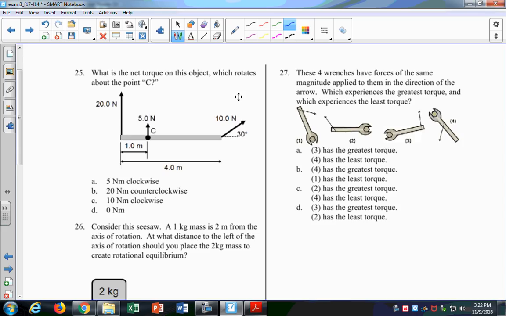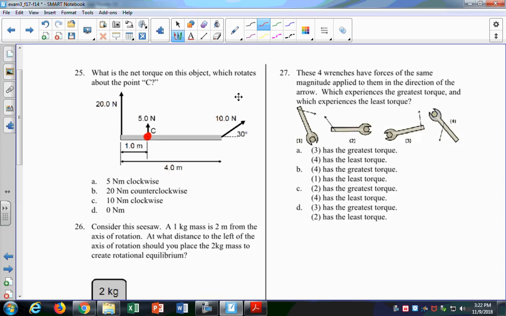Let's just do this. I'm rotating about point C right here. That's my axis of rotation. I could take this problem on another test and make a different point the axis of rotation. It would certainly change the answer.